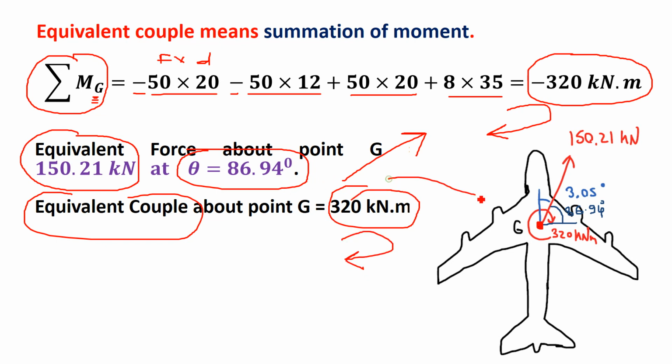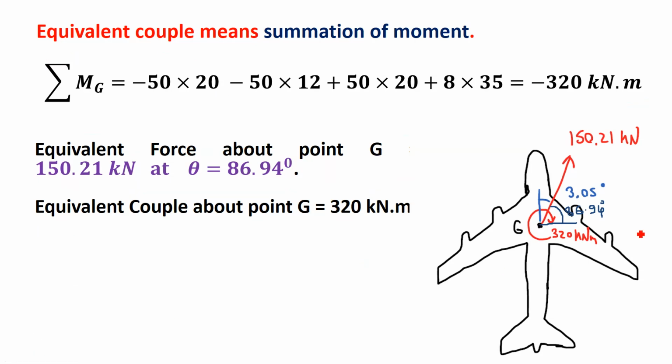So we show this in the figure itself: a clockwise moment of 320, and in the first quadrant the resultant 150.21 kilonewton. Its horizontal angle is 86.94. Its vertical angle comes to 3.05 degrees.